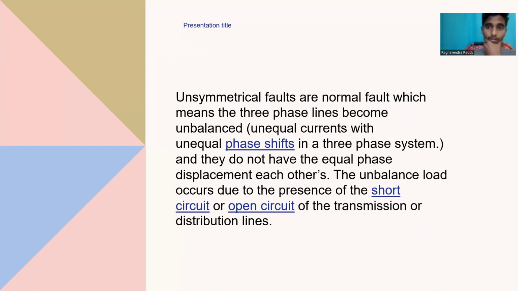Whereas unsymmetrical faults are faults in which the three-phase lines become unbalanced: unequal currents with unequal phase shifts in a three-phase system, and they do not have equal phase displacement from each other.